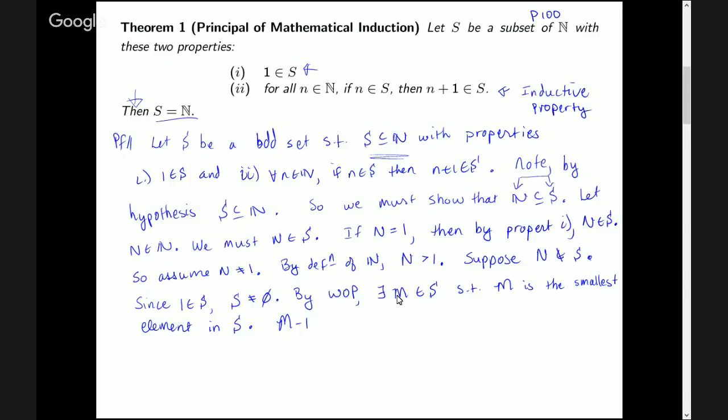You can subtract 1 from any integer and you get an integer. But it's not in S, because M is the smallest. M minus 1, yes, this is less than our capital M. That's exactly what I want. I know M minus 1 is not in S. However, I know M minus 1 is in the naturals.